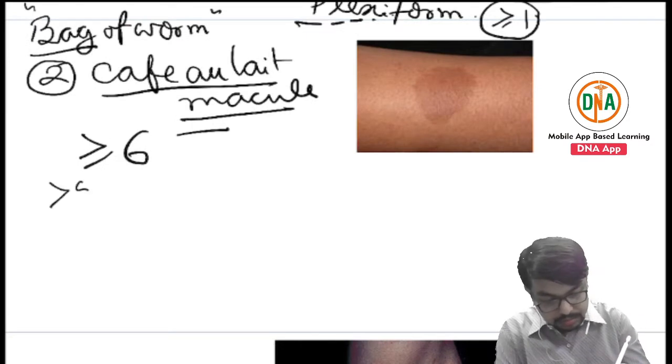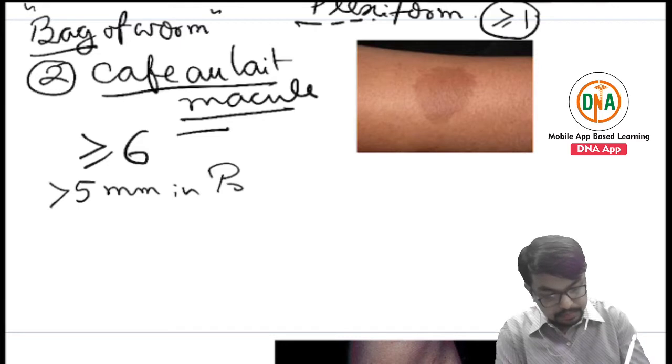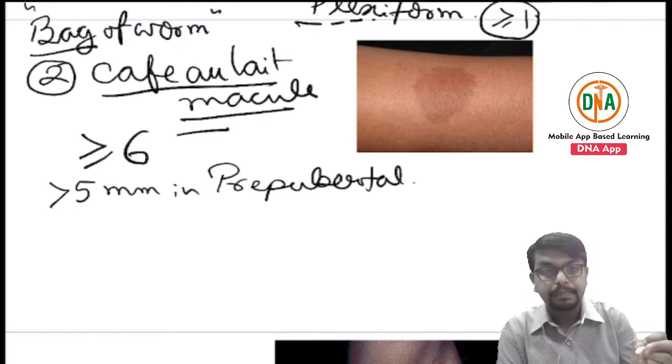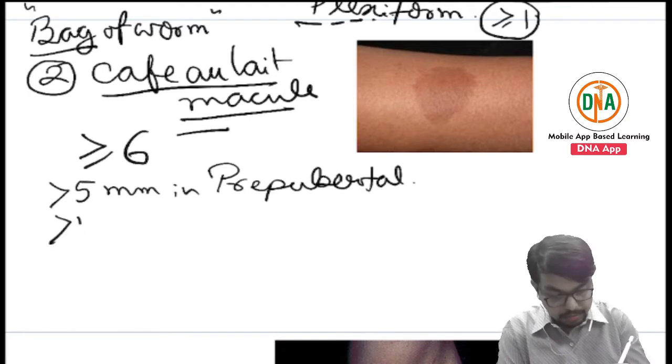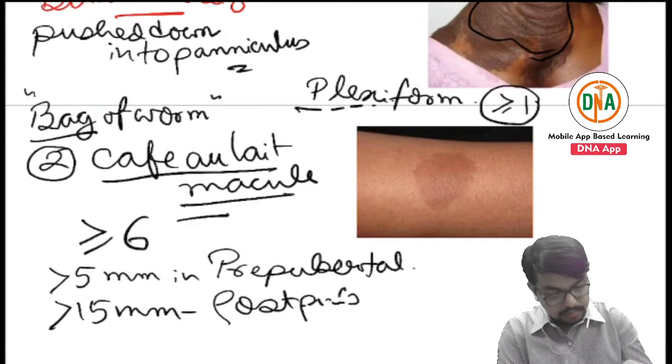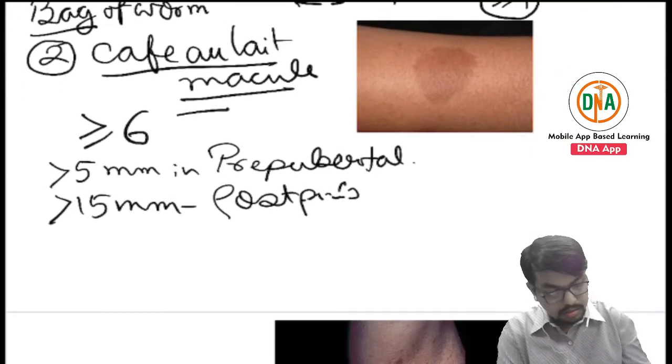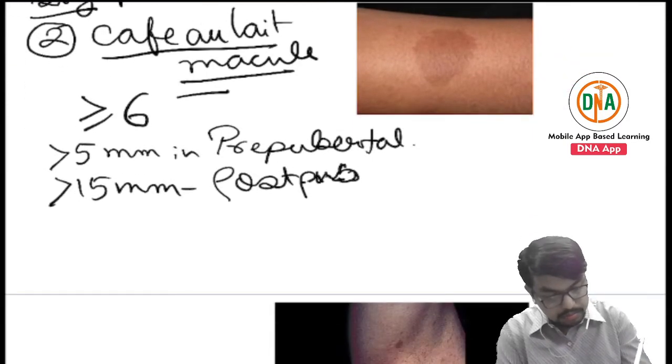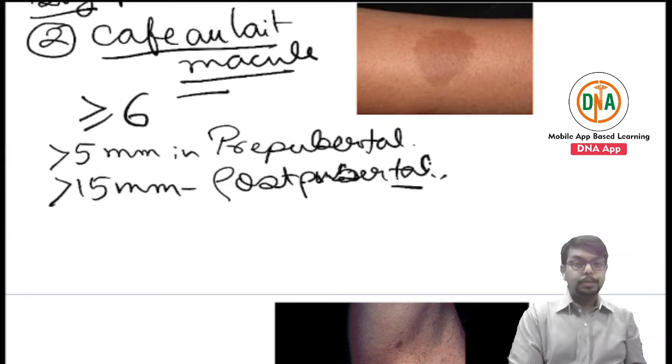The size must be more than 5 millimeter in prepubertal children, and it must be more than 15 millimeter in postpubertal.